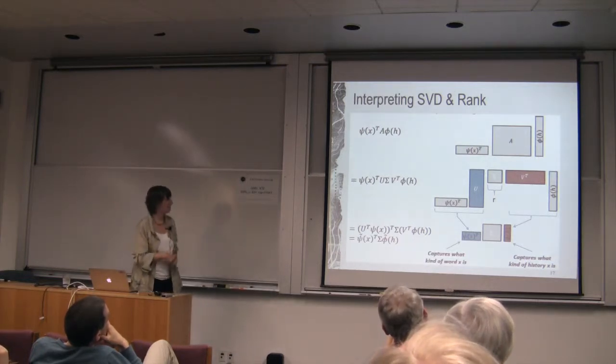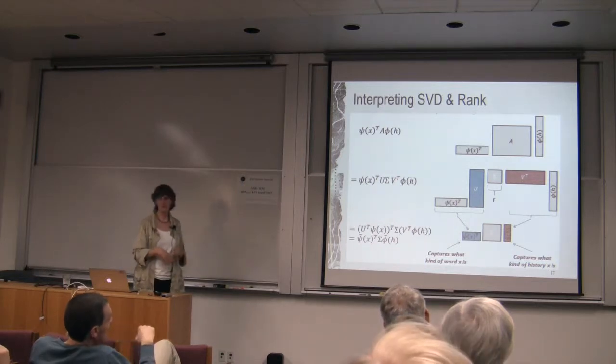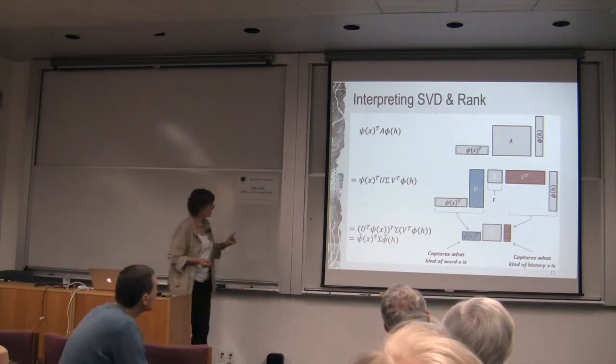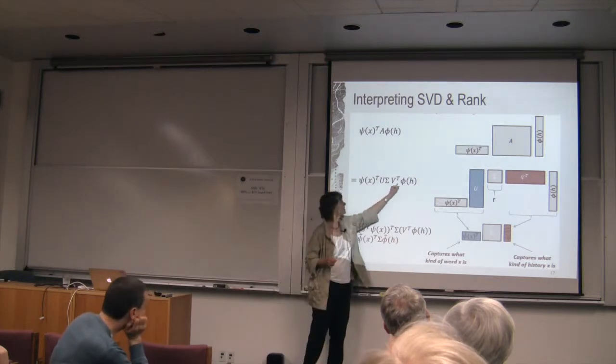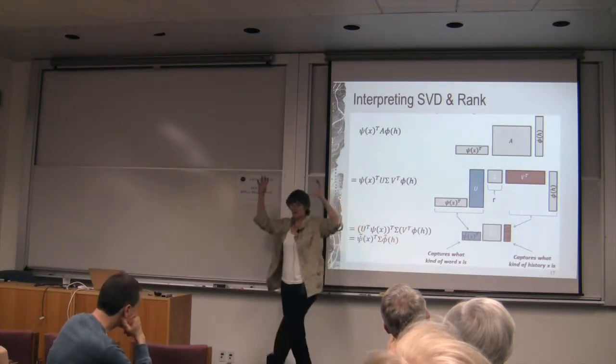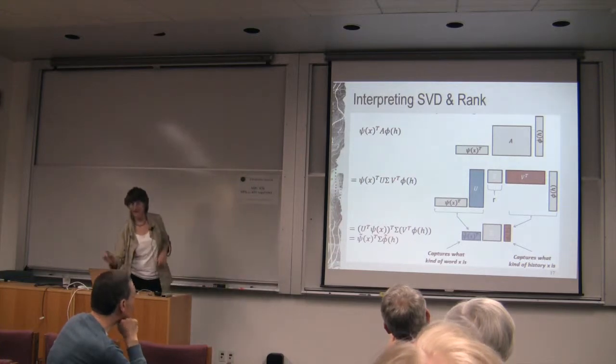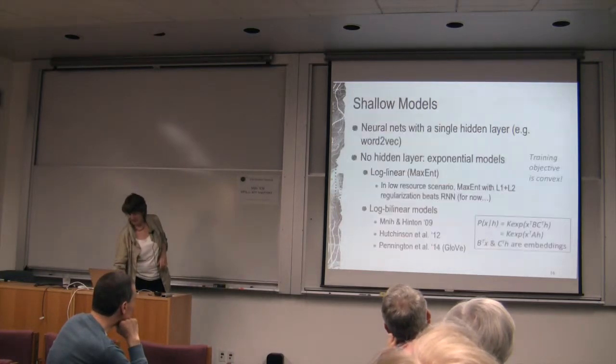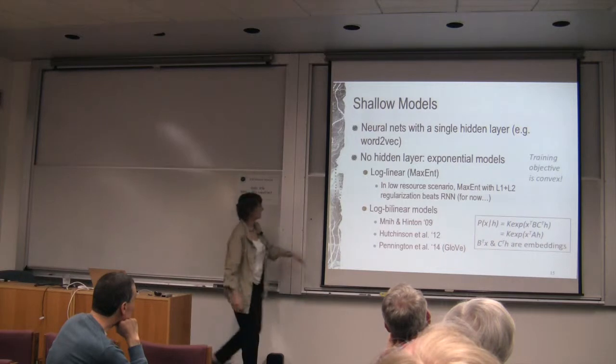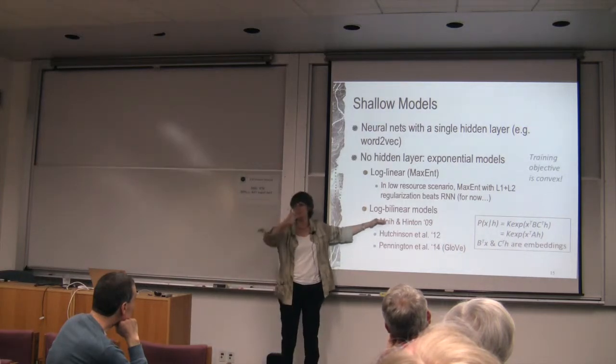In this case, I have different representations for words and history, since I learned this decomposition from the big matrix. If I go back to some of these other things, this says, okay, both projections are the same.